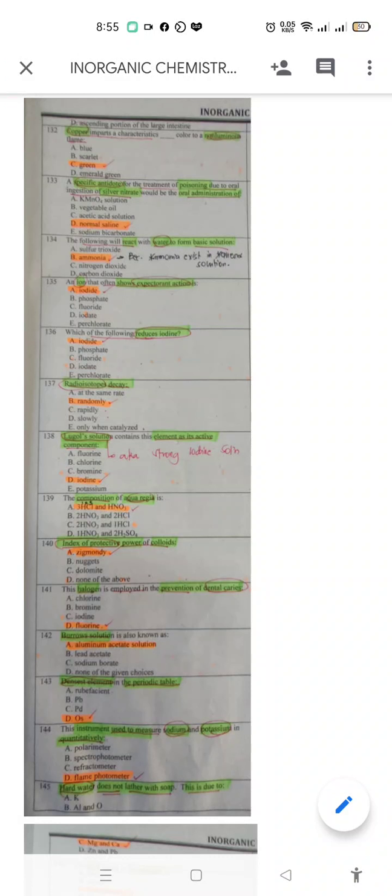Okay, 142. Burow's solution is also known as aluminum acetate solution. So, Burow's solution is also known as your aluminum acetate solution. And it is used as a wet dressing on the skin for its mild astringent and antiseptic action.